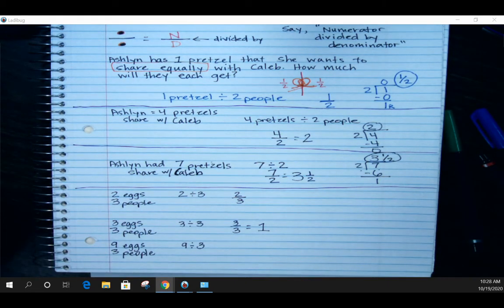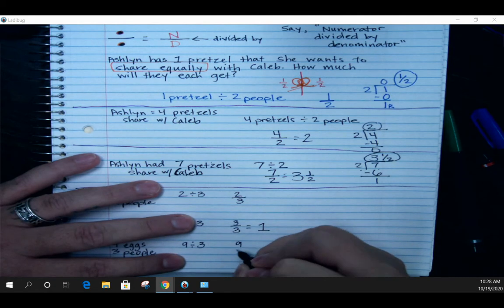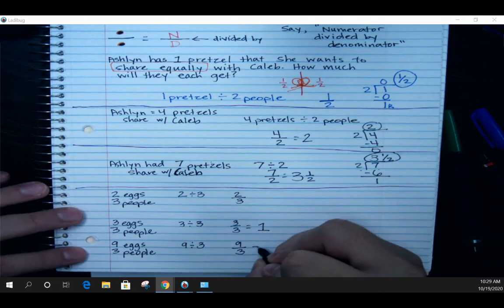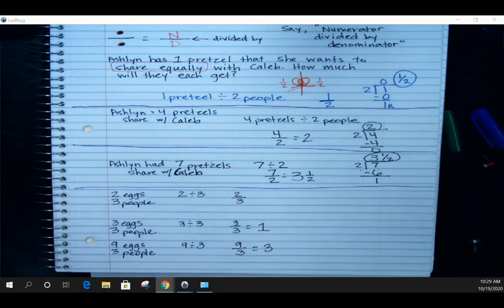And so what does my fraction look like? Ziggy? 9 over 3, exactly. And if I read 9 over 3, it literally says 9 divided by 3. What is 9 divided by 3? We would each get 3 eggs.